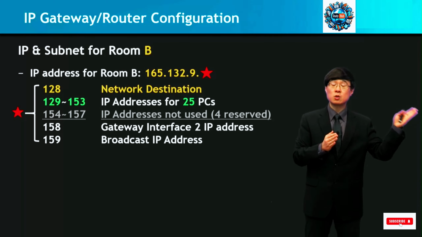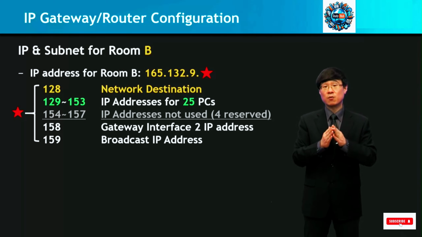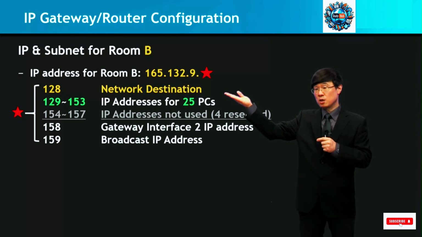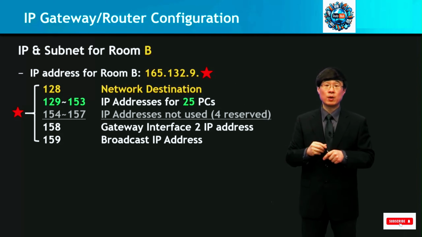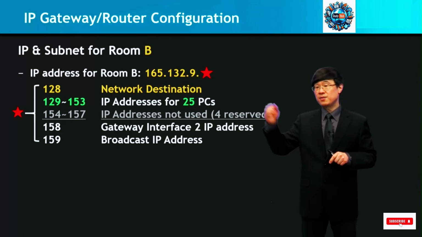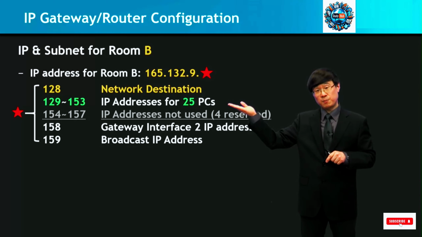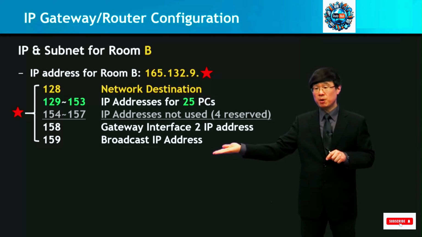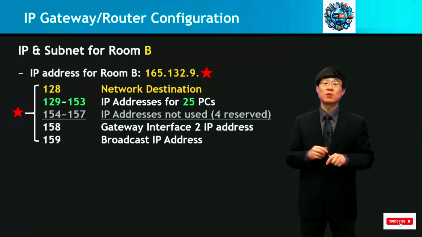So since we used that number, we need to start from 128 here, which is for room B. So we start with the lowest number, 128. That's the network destination for this subnet of room B. And then for the 25 PCs, we assign one IP address for each one of them. So that's going to consume the numbers 129 to 153. And then the highest number is used for broadcasting. That's 159.